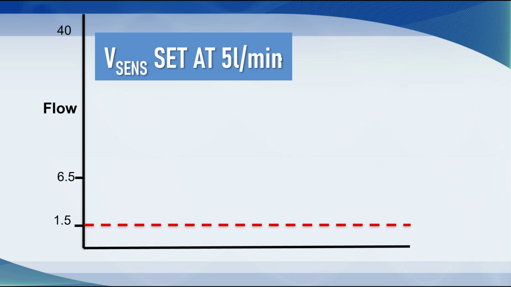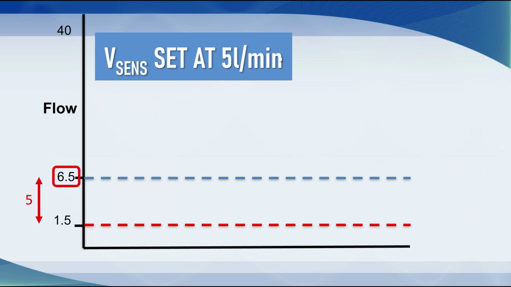This is always delivered in all patients all the time, and you cannot change it. It's the base flow. Above this, we are setting a flow sensitivity or V-sense of 5 liters, meaning that the total flow is 6.5 liters. And frankly, this is a lot.